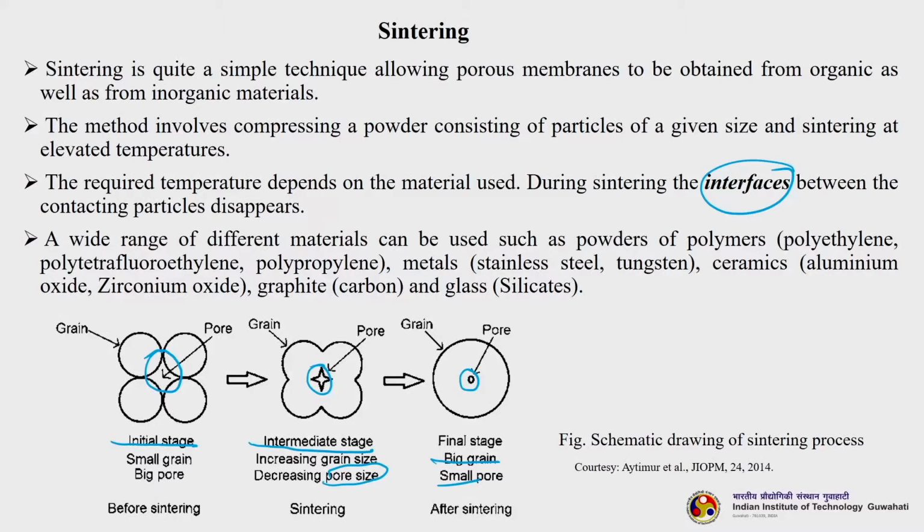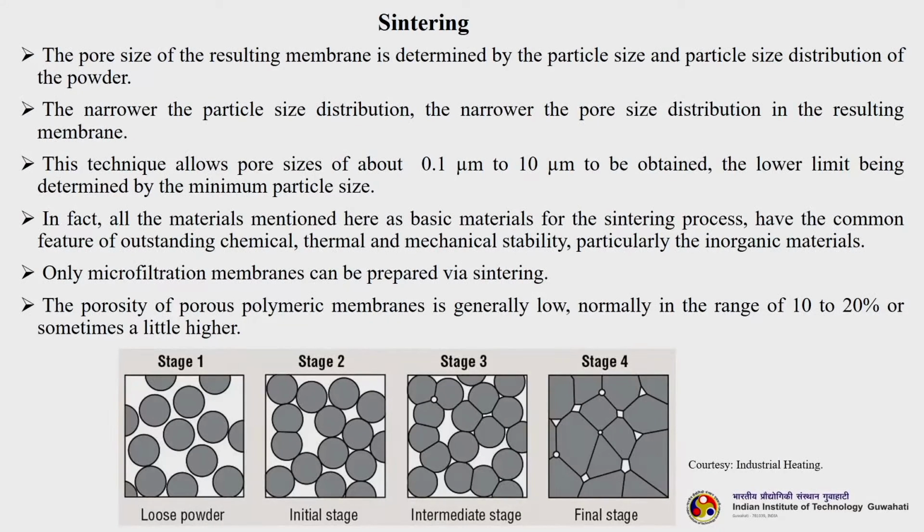A wide range of different materials can be used, such as powders of polymers, metals, ceramics, and even glass, silicates. The pore size of the resulting membrane is determined by the particle size and particle size distribution of the powder. Please remember this, this is very important.